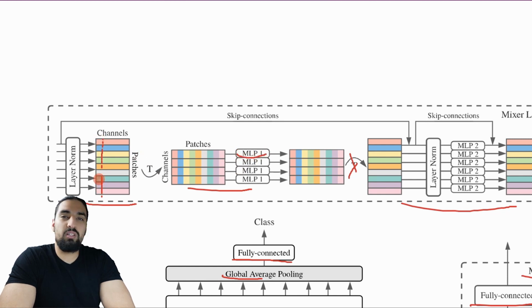They project this column into some other subspace, and then take the same MLP, take the second column, project that one into another space, and basically you arrive at a new representation here, which has the same dimensions, so it's C and S here as it was here. They preserve the dimensions, and that's the legacy from the transformer architecture.